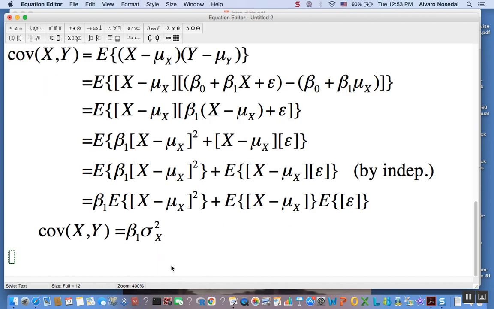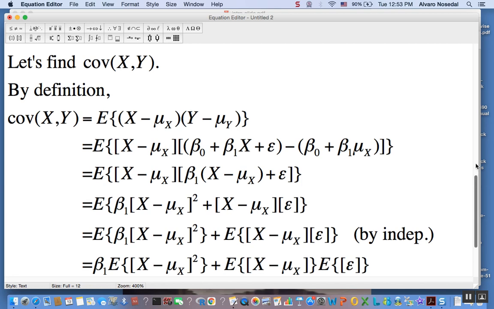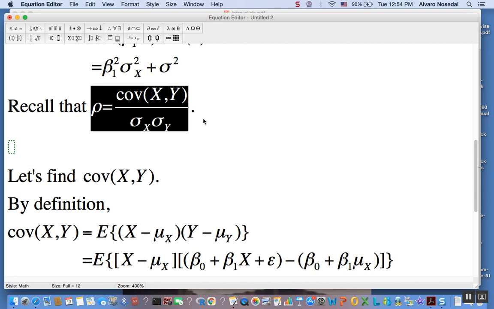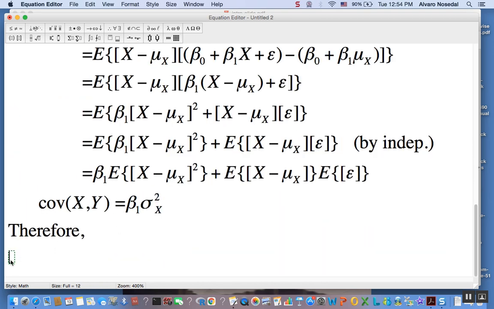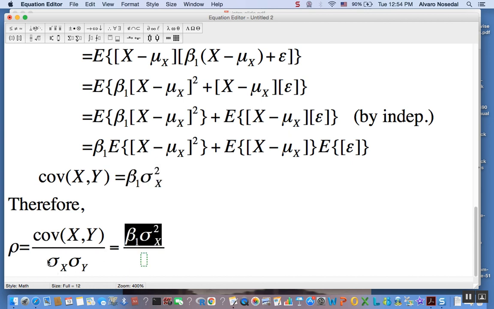Therefore, rho, which happens to be the covariance divided by the product of the standard deviations, happens to be just beta 1 sigma sub x squared divided by sigma sub x times sigma sub y.